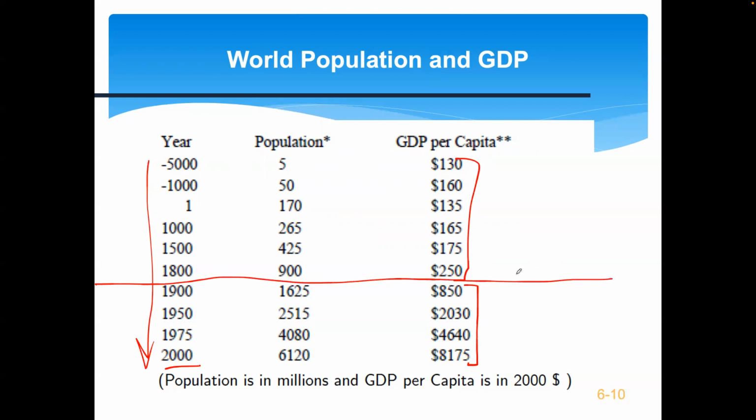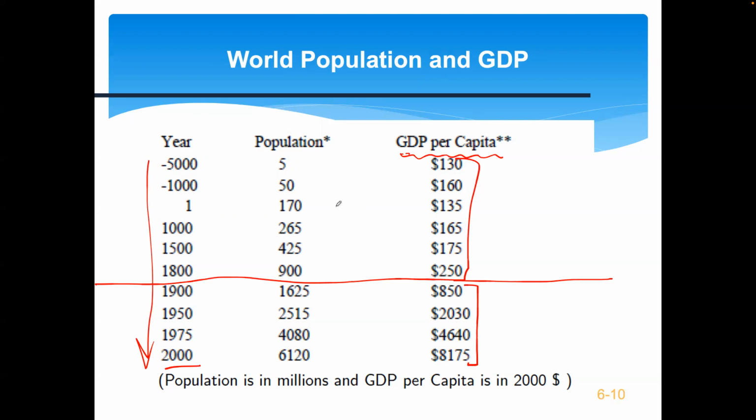Before 1800, you can see how the world looks. For thousands of years, per capita GDP, or income per person, or standard of living didn't change much. But after 1800, you can see in 200 years, the standard of living increased by tenfold. This is just the worldwide average.